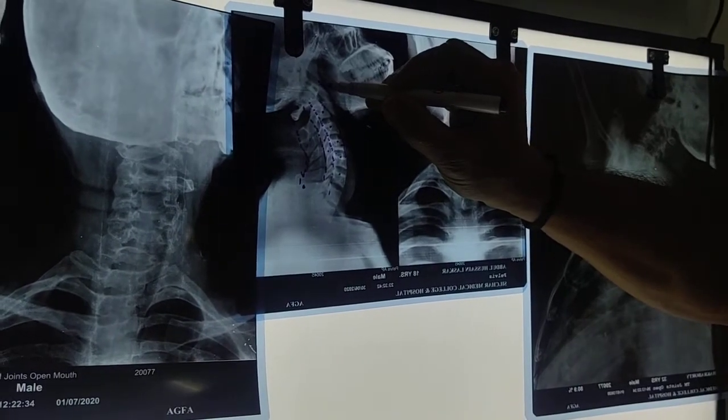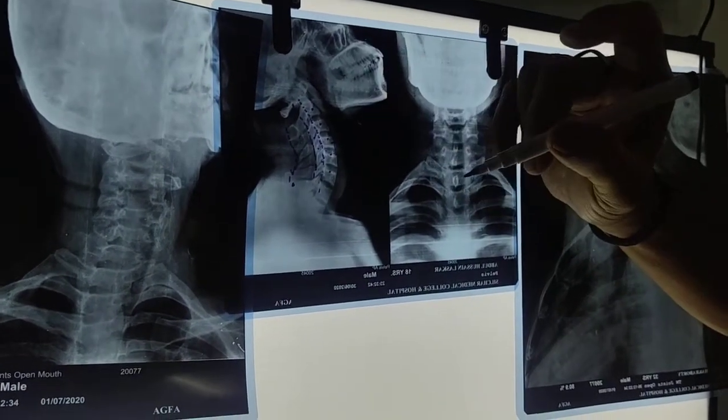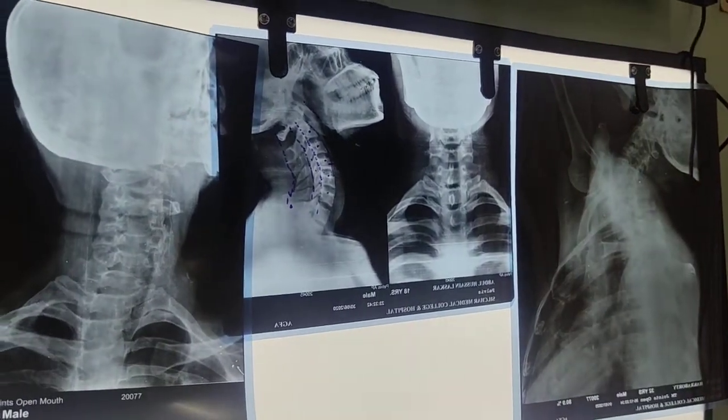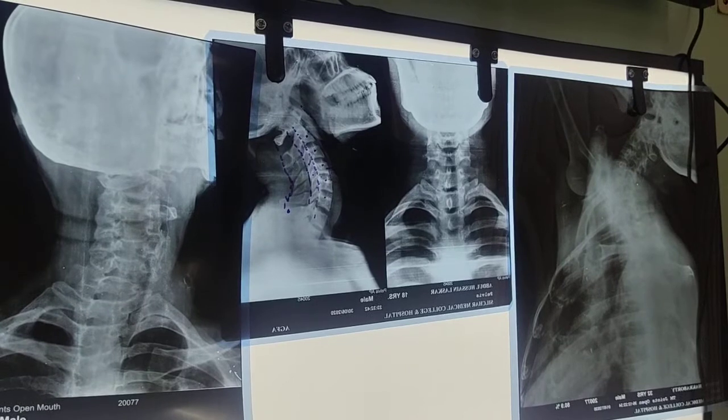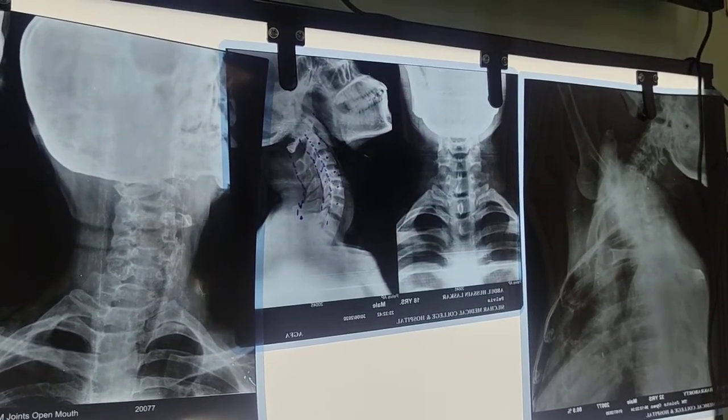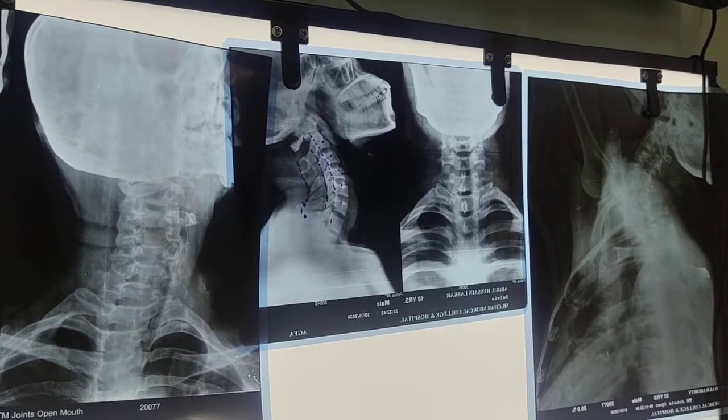This is your soft tissue swelling. The prevertebral soft tissue or retropharyngeal space is another important point in the lateral view of the cervical spine.